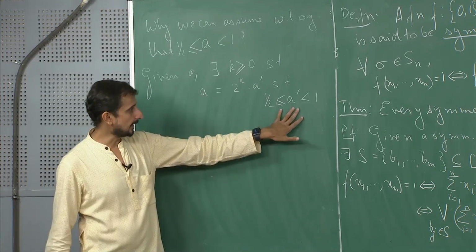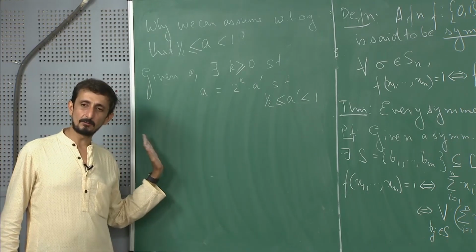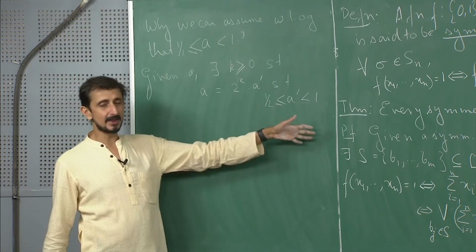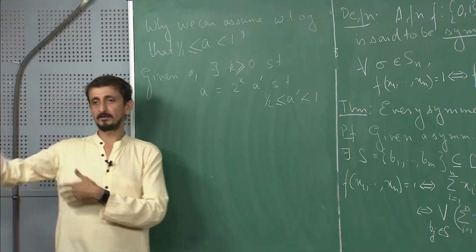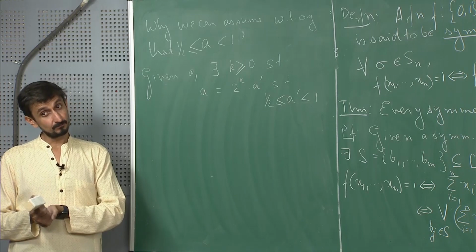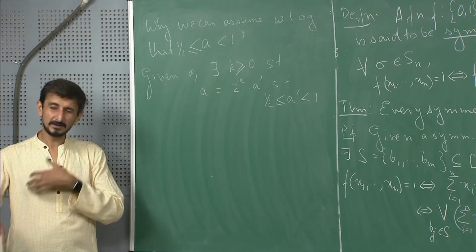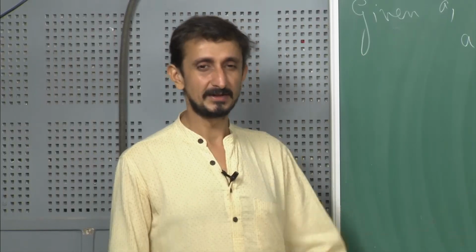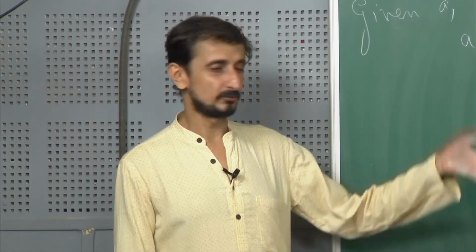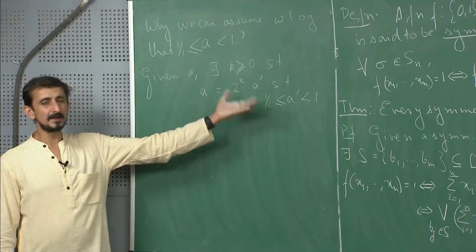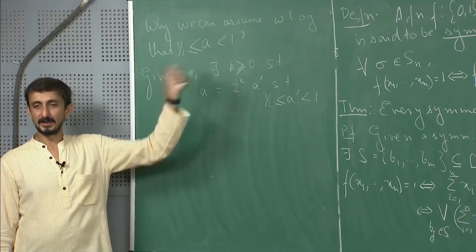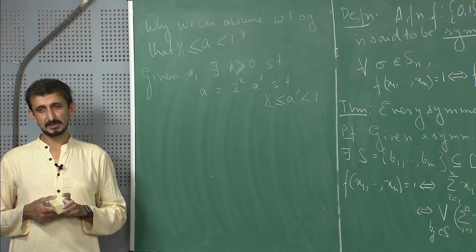Then you do the entire process with a prime, and finally multiply it back with 2 to the power k and we get the original reciprocal. If it is, let's say, less than half, then you multiply it with 2 to get it between this range, the same argument.